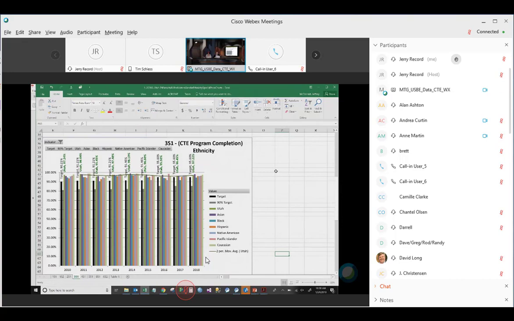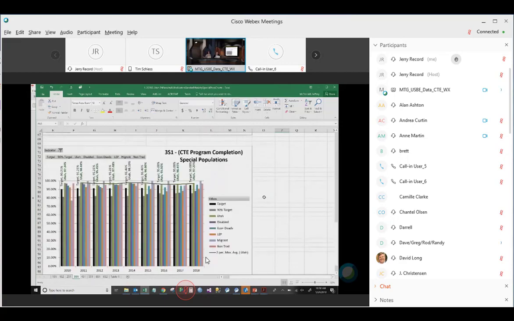Here are ethnicities, and you can look and see which of them are struggling a little bit. So this is the achievement gap. Here's the target. Any gap you see between a group and the target is the achievement gap. On the left are the special populations.